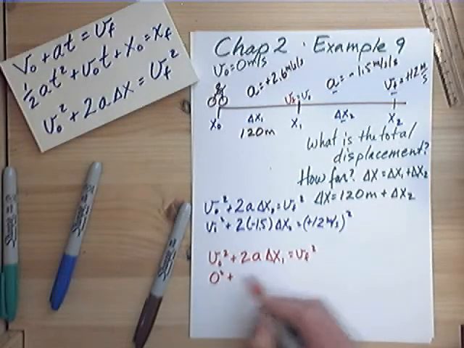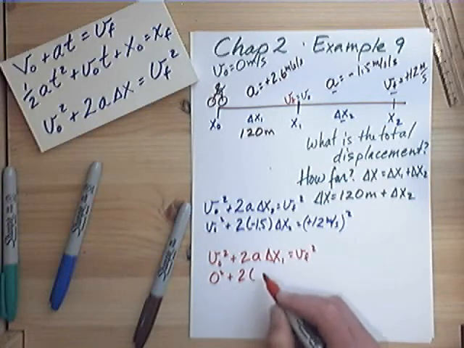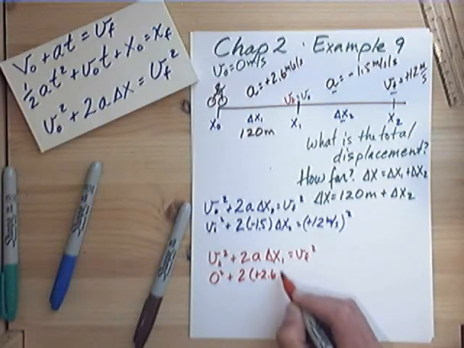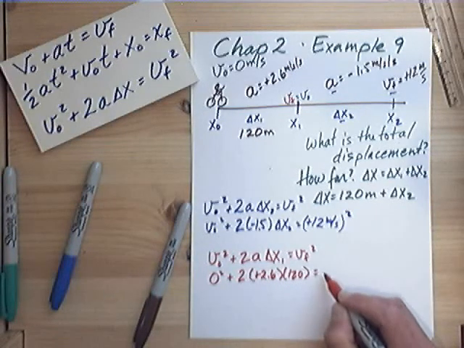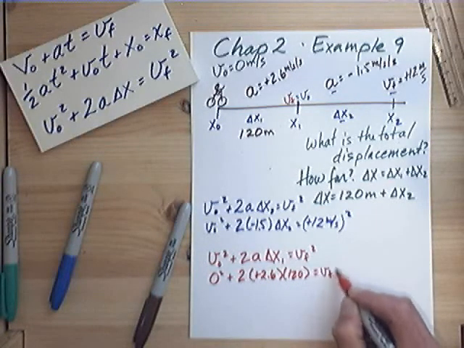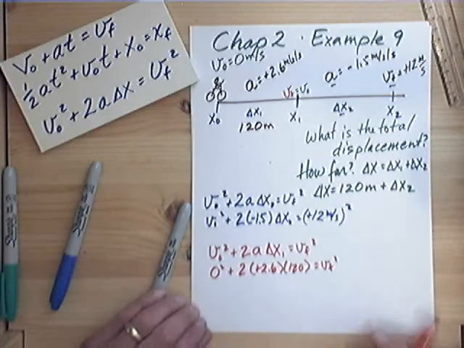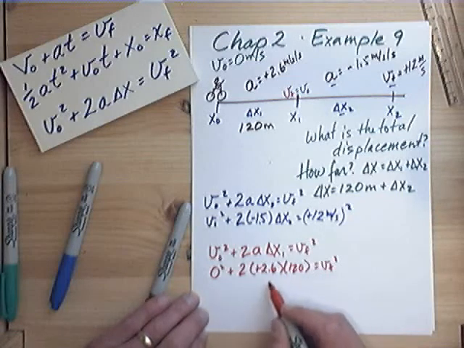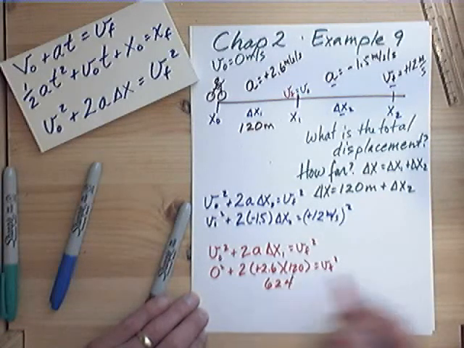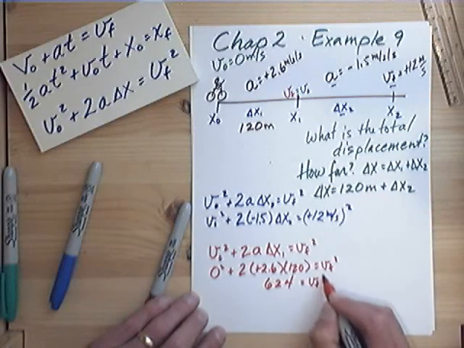I always love 0. 2a is plus 2.6. My delta x is 120 meters. And my v final, I have no idea. That's what I'm trying to find out. So now 2 times 2.6 times 120 is 624, which is v final squared.